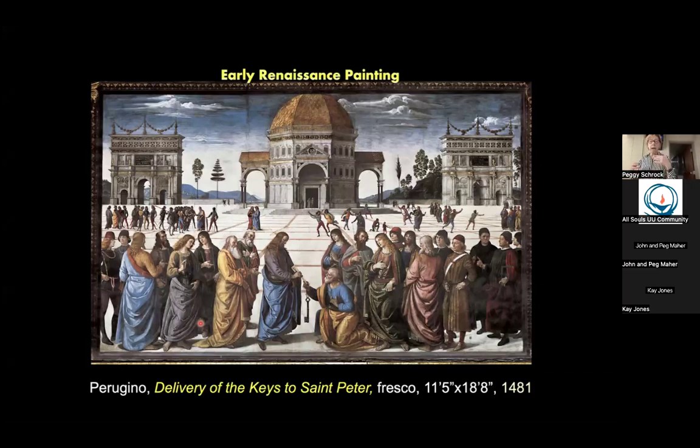Now, the architecture is used to define space, as is this plaza. Now, this is a sort of ideal architectural space. It's not any real place. It actually comes from theoretical writings about architecture, people who were identifying what were ideal buildings.